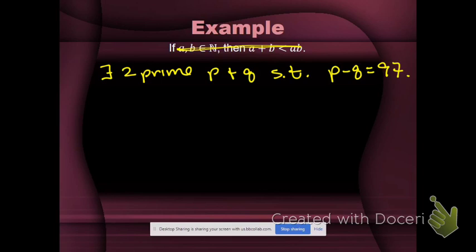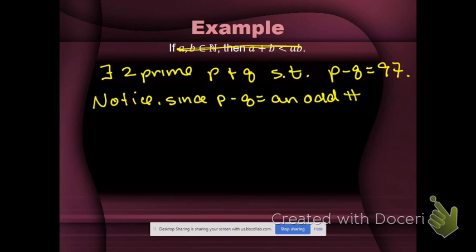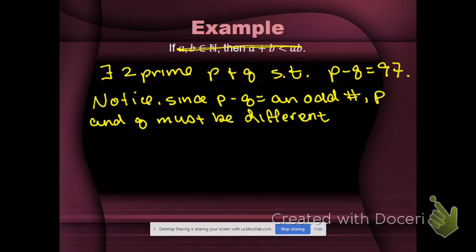We could first say, notice, since P minus Q equals an odd number, P and Q must be of opposite parities.